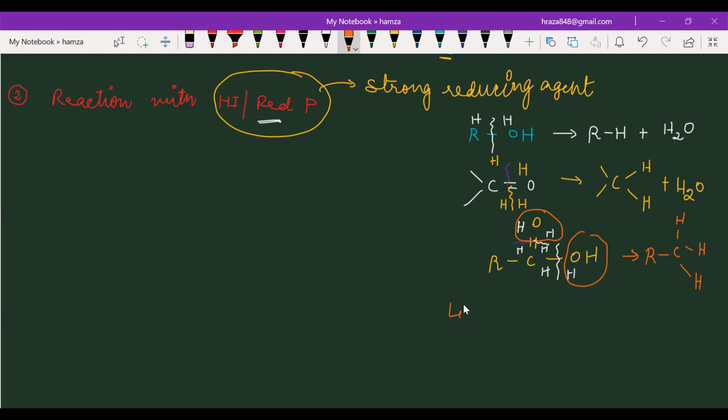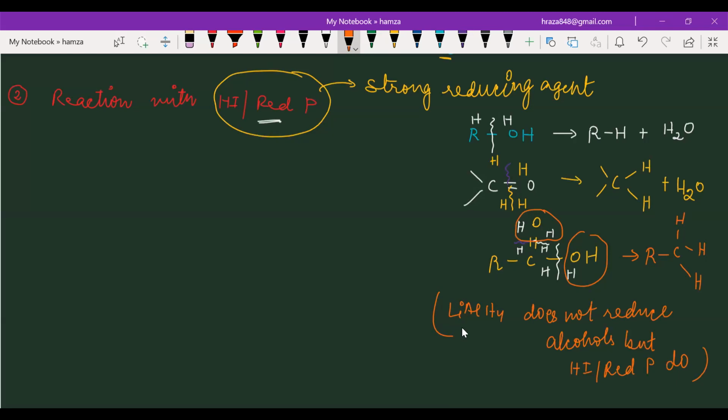Even this LiAlH4, did you hear about this? This is basically lithium aluminum hydride. It does not reduce alcohols, but HI in the presence of red phosphorus does. LiAlH4 is a very expensive reagent.